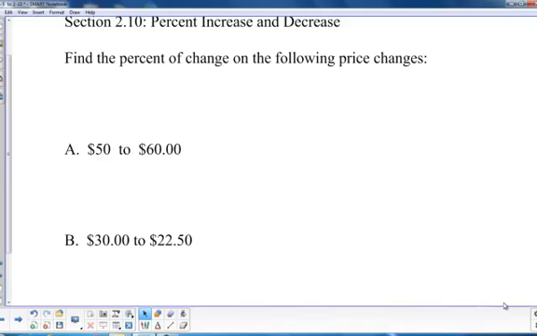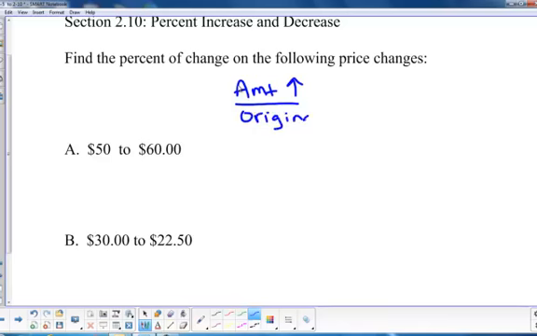All right, to find the percent increase or decrease, we're going to do the amount of increase or decrease divided by the original amount. So amount of increase divided by original. So 50 to 60, we have a $10 increase because that's 60 minus 50, divided by the initial amount, which is 50.